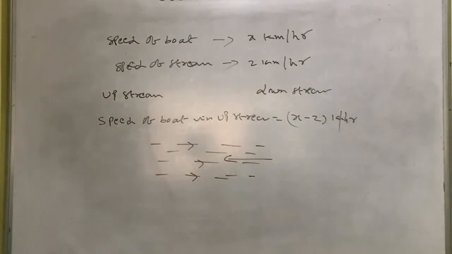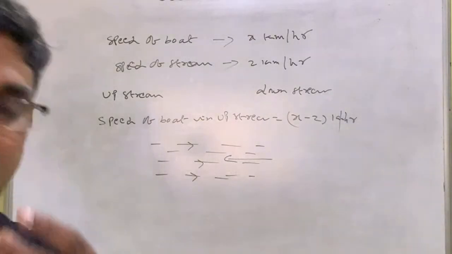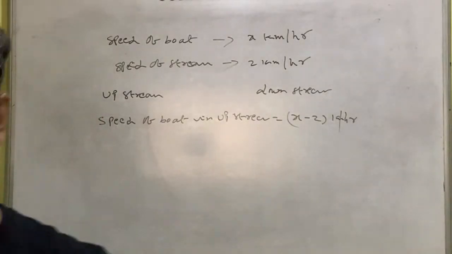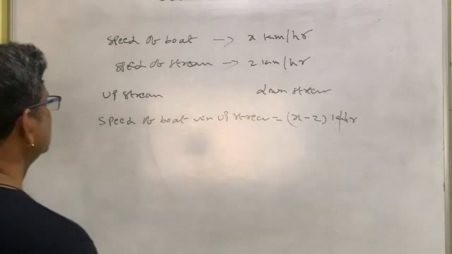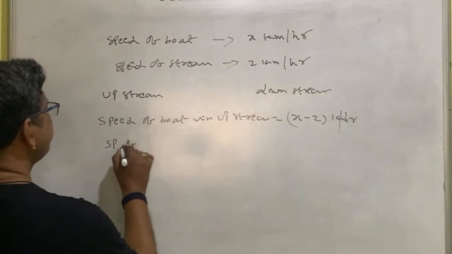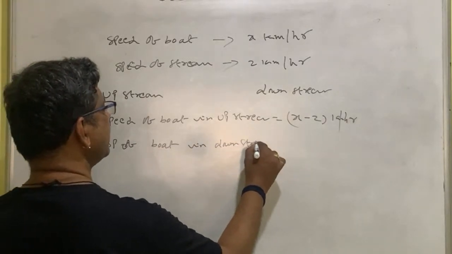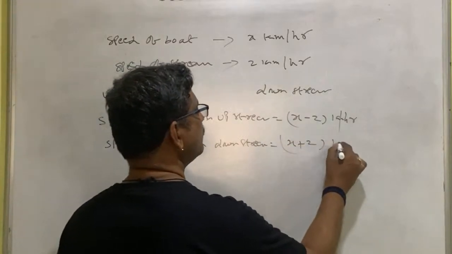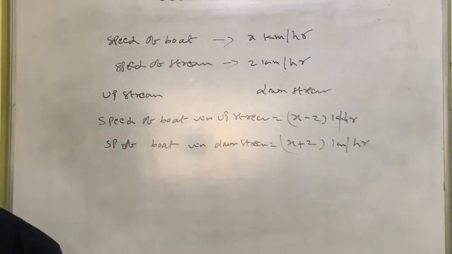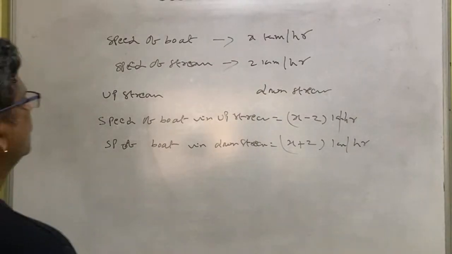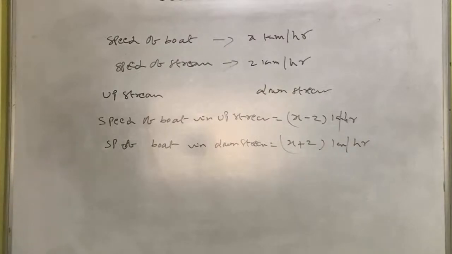Downstream means going along with the stream, in the direction the stream flows. Then the speed of boat in downstream is x plus 2 kilometers per hour. This is what we have to find out: speed in upstream, speed in downstream.